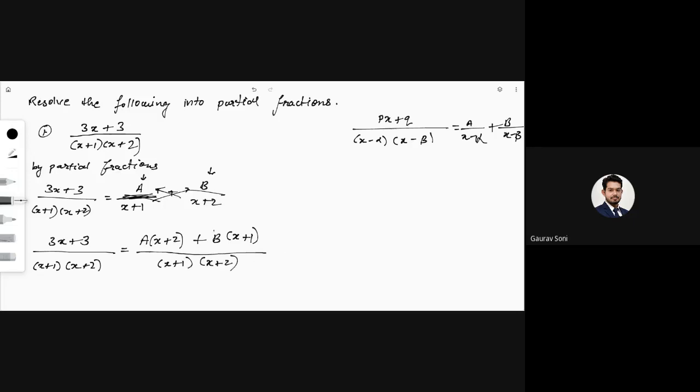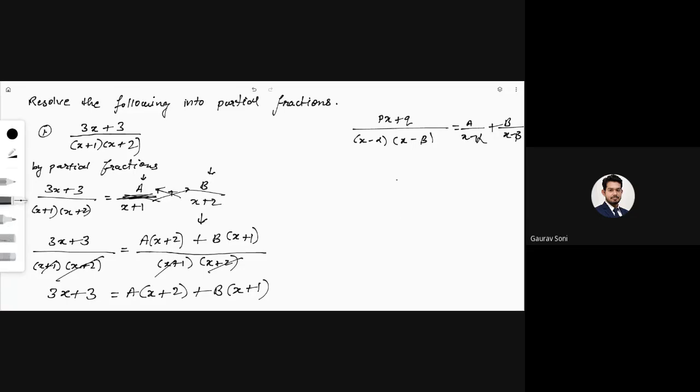I hope everyone knows this cross multiplication. It is simply the addition of two rational numbers. You can see that this denominator is the same on both sides, so it will get cancelled out. So what I have got is 3x + 3 is equal to a into (x + 2) plus b into (x + 1).